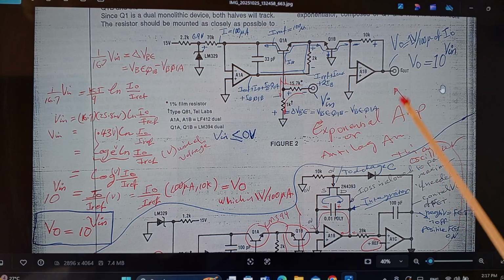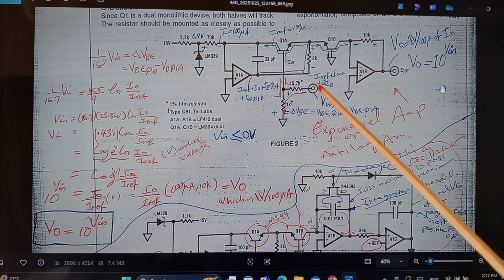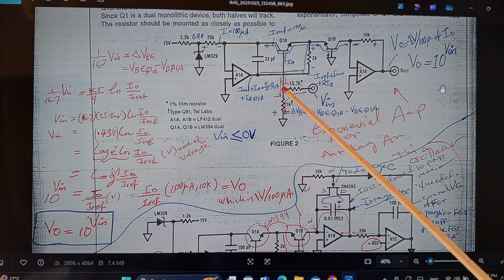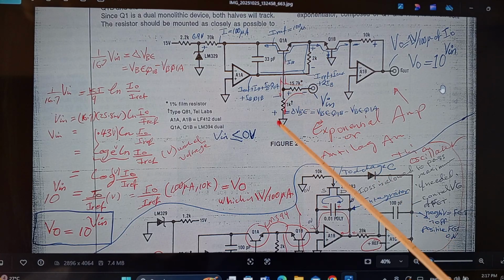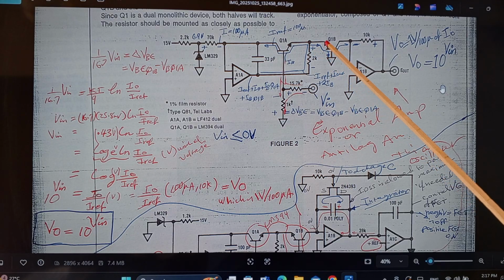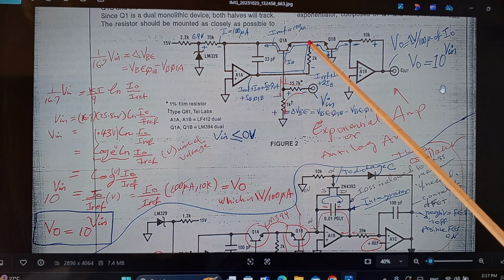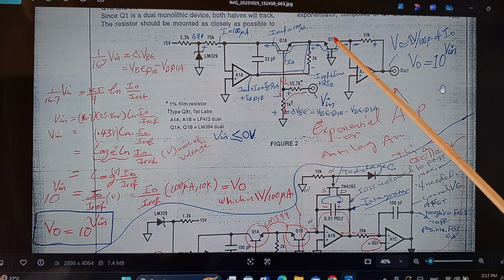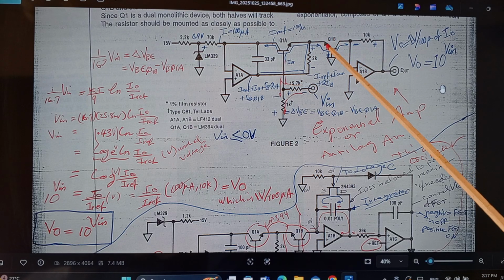Okay, let's say that again. Having minus 60 millivolts across this resistor will force the emitter input of both those transistors to be minus 60 millivolts. And that means the difference between this VBE of this transistor and that transistor will be 60 millivolts.